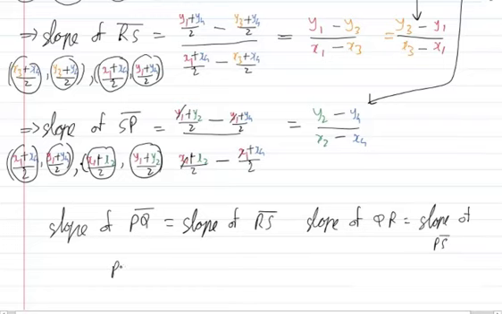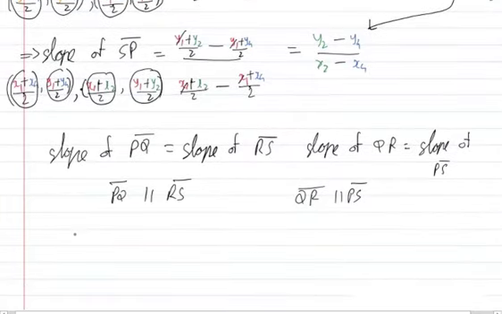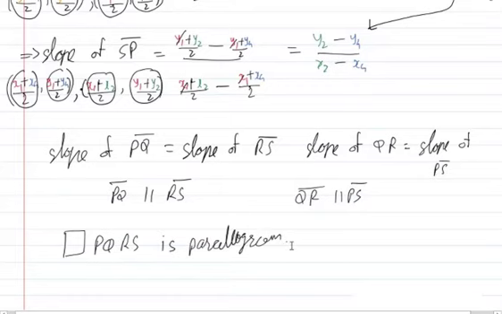So we can say PQ is parallel to RS and QR is parallel to PS. So finally, proudly we can say PQRS is a parallelogram, right? Ta-da!